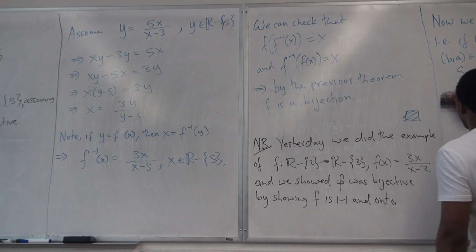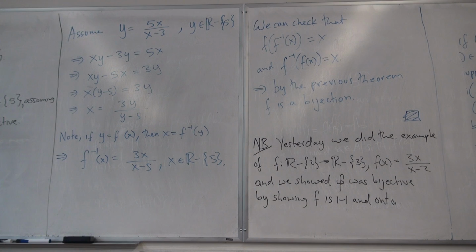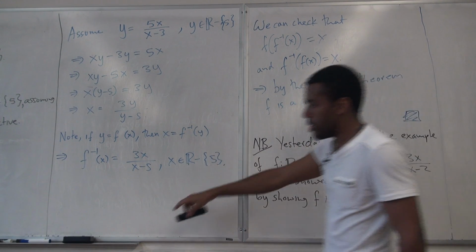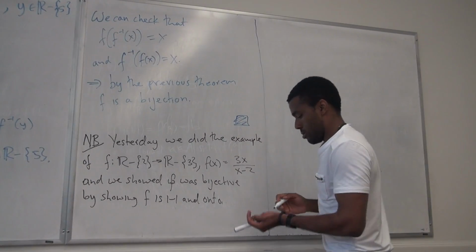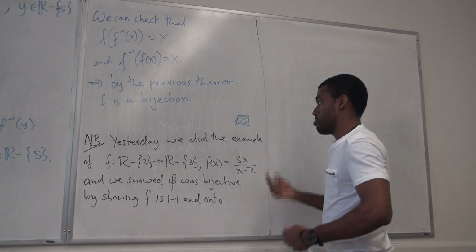Basically, I want to emphasize here that we can approach this problem of figuring out bijections in two different ways. We can either do it directly, show it's one-to-one and onto, or we can show that we can find an inverse function.